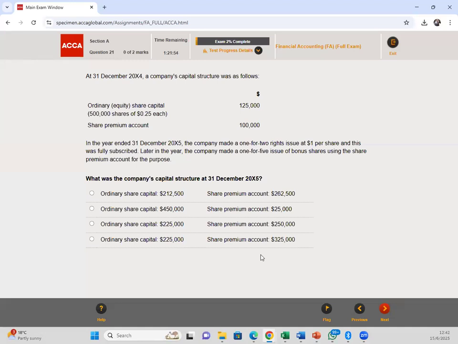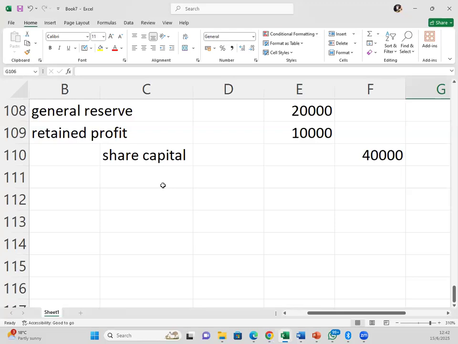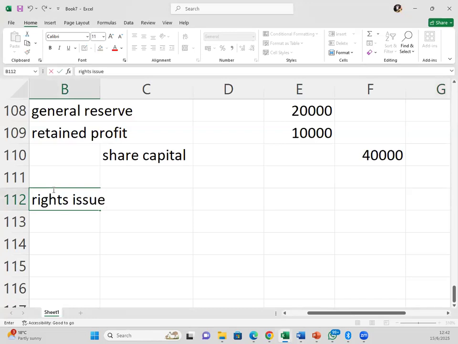The rights issue was made at $1. Let's go and record the rights issue first.